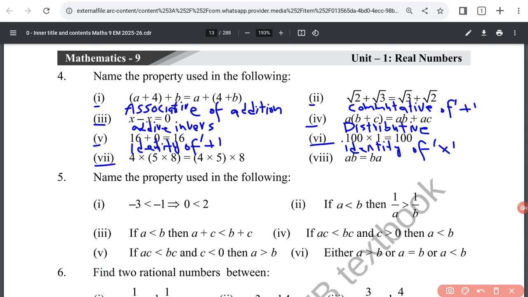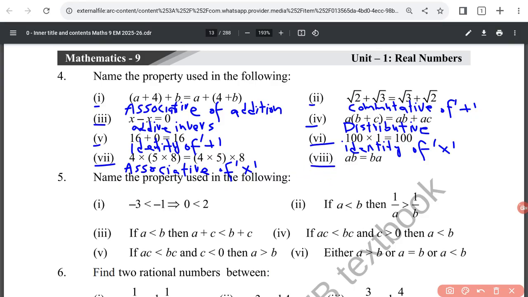If we talk about the seventh one, 4 times 5 times 8 is equal to 4 times 5, then times by 8. So that is the associative property of multiplication.